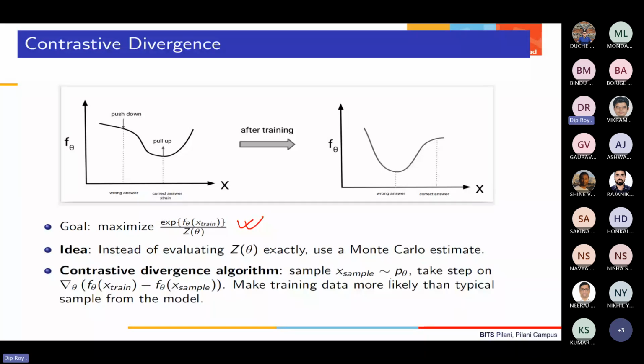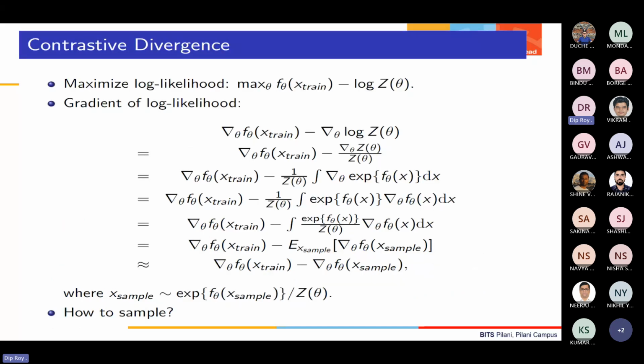Sample x sample from P theta, and take a step in this direction, making the training data more likely than typical samples from the model. All right. Let me go through one more slide with the maths, because that will be more conclusive. So this is the maths.